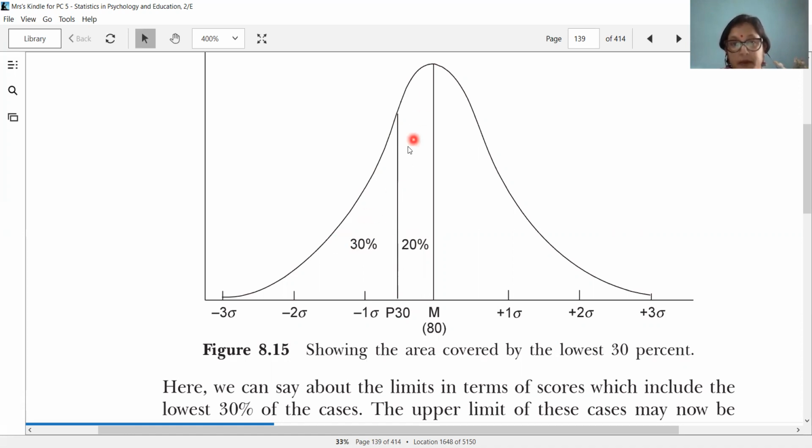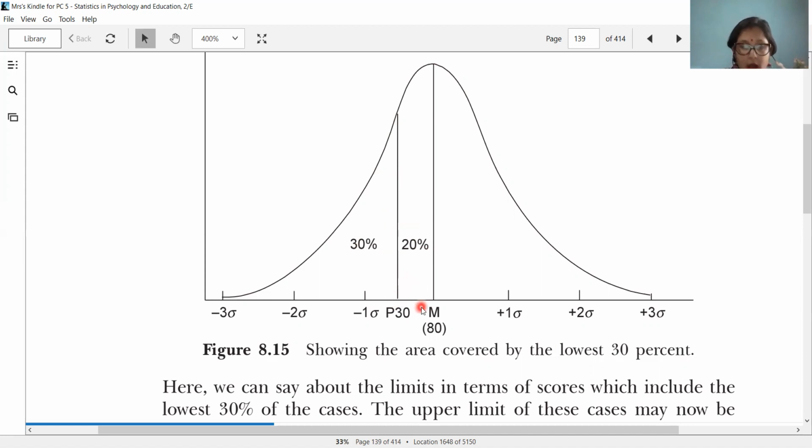As we all know, 50% lies on both the sides of the mean. So 50 minus 30 is equal to 20, and we found out the sigma value for 20% of the cases, which we got as 0.525 sigma by interpolating the values. Now we found out the score as 72 by putting the values in the same formula.